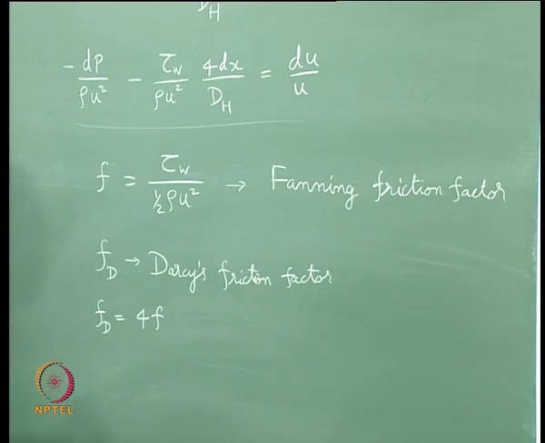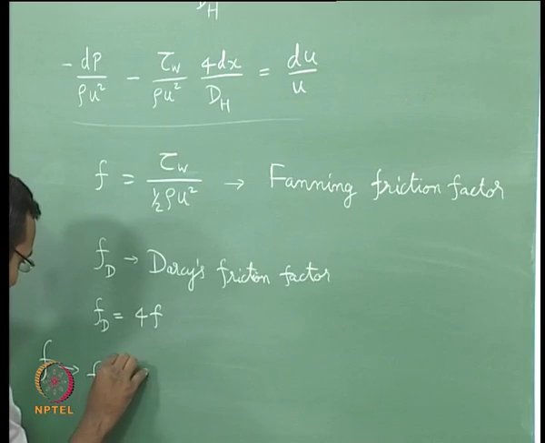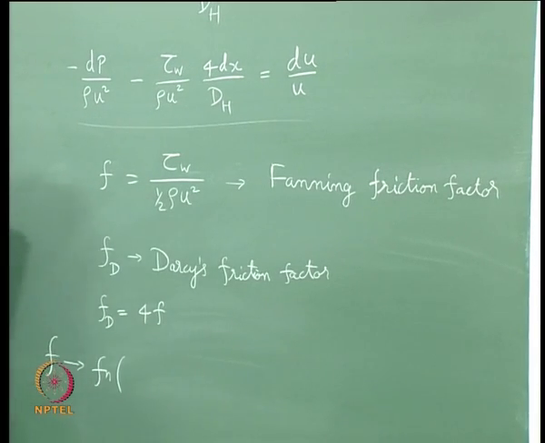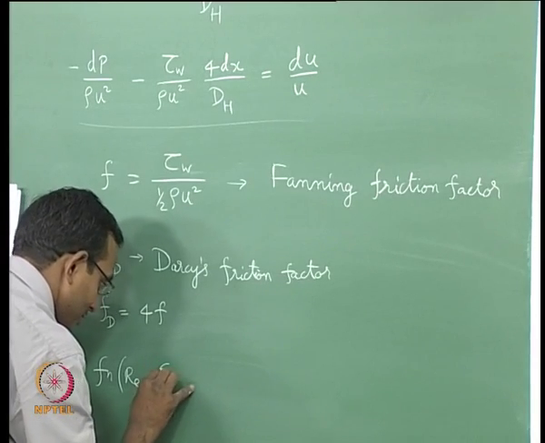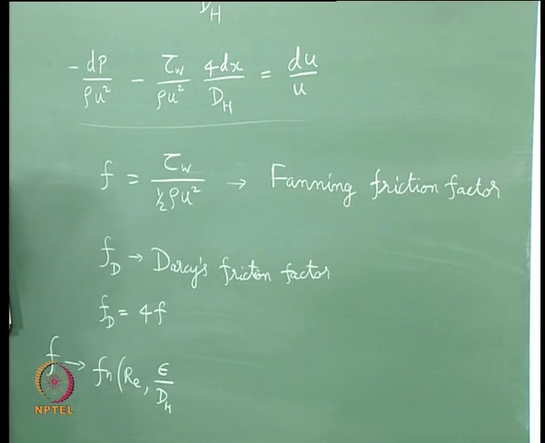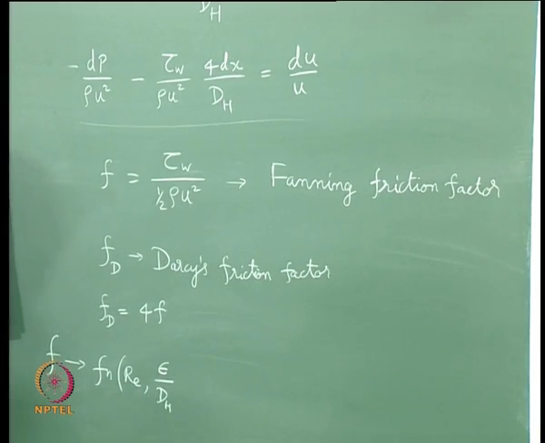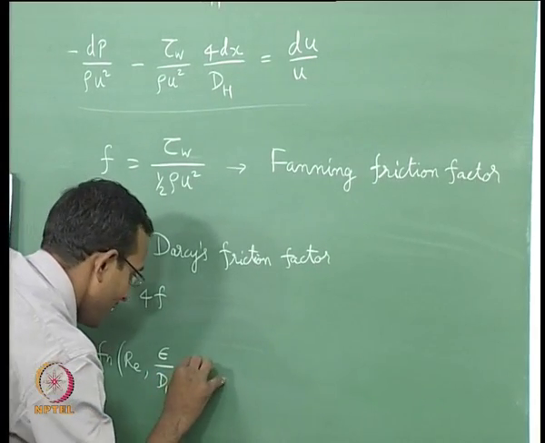It so happens that the friction factor f is a function of Reynolds number, the surface roughness of the wall with respect to hydraulic diameter, where epsilon is the surface roughness normalized by hydraulic diameter, and the Mach number.